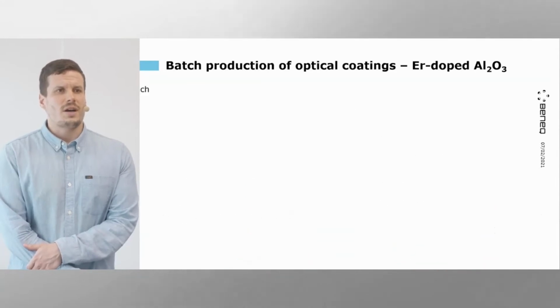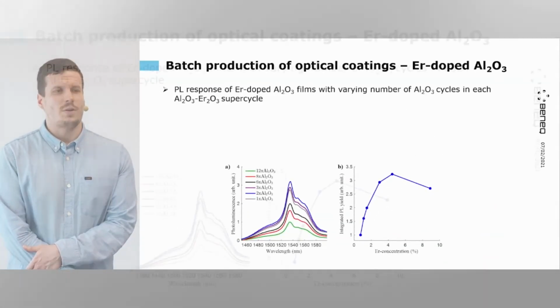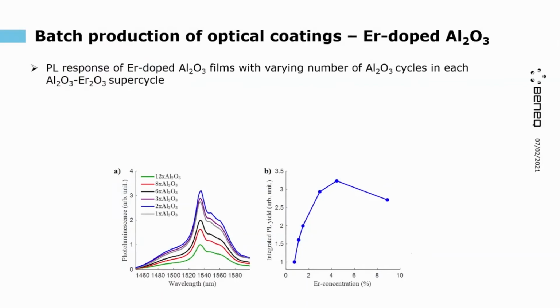So here we have studied the photoluminescence response of different materials, where the number of aluminum oxide cycles in each layer before another erbium oxide cycle is released changes. So if we start with the lowest concentration for the erbium, for example, by introducing 12 cycles of aluminum oxide, we can see that the photoluminescence yield is the smallest.